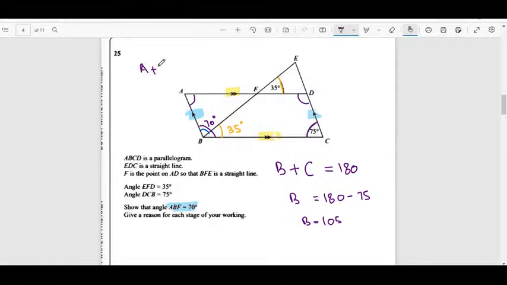A plus D would be equal to 180. Now, if I talk about AD and BC as two parallel lines which are being cut by a transversal AB, so angle A plus angle B would also give me 180. Similarly, angle at D plus angle at C would also give me 180. And lastly, the one which we have used, B plus C, would give me 180.